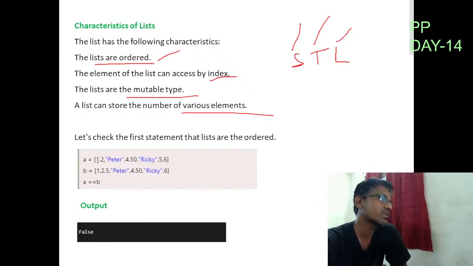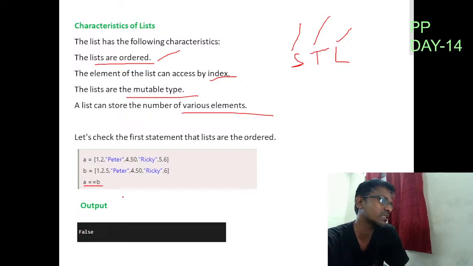So for example, A is equal to 1 comma 2 comma Peter comma 4.50 and Ricky and 5 comma 6, and B is equal to 1 comma 2 comma 5 and Peter comma 4.50 and Ricky comma 6. So in this example, is A equal to B?